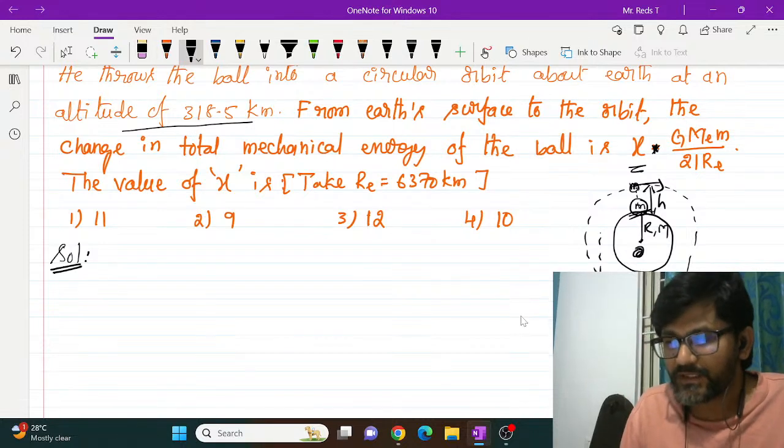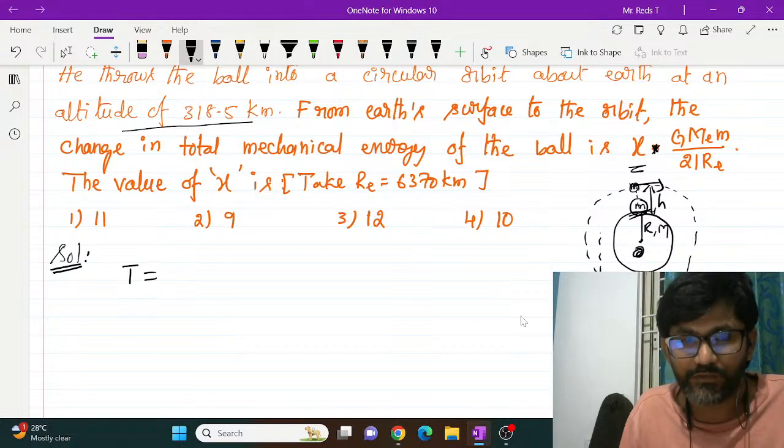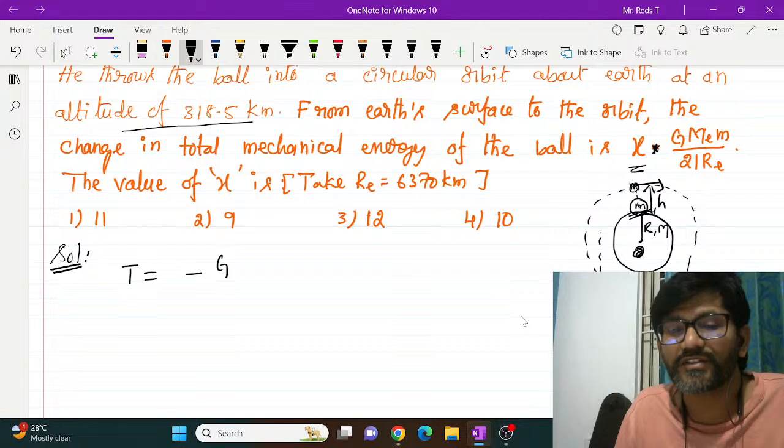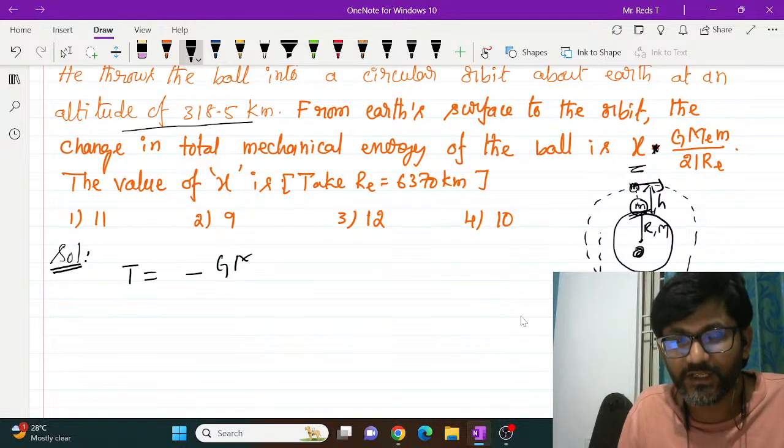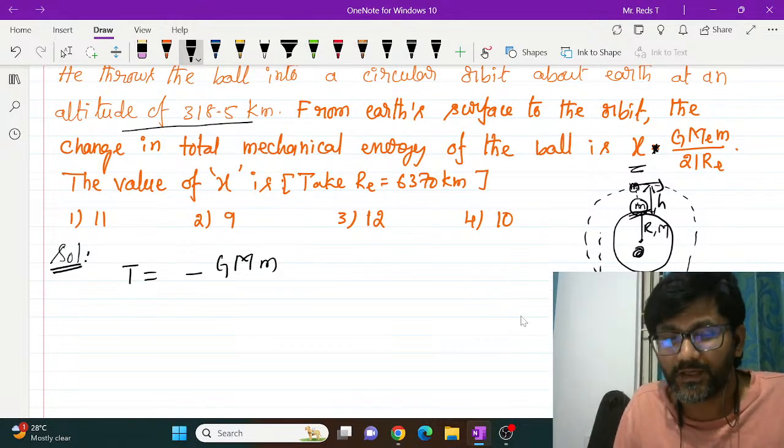Okay, so now in this case, what is the total energy? Total gravitational energy T is equal to minus G M m by R, where capital G is the universal gravitational constant, M is the mass of Earth and small m is the mass of the body.